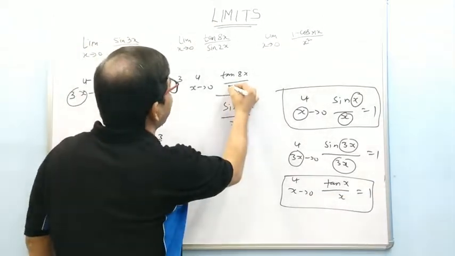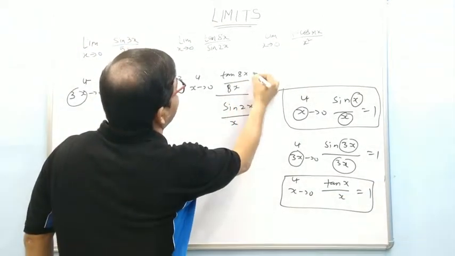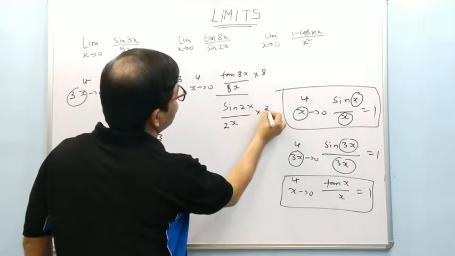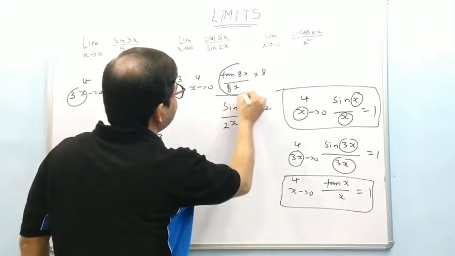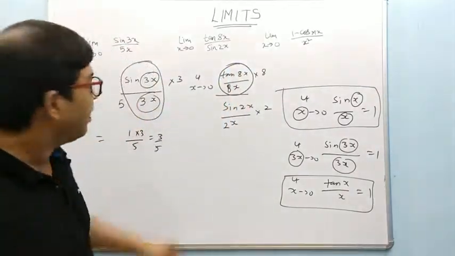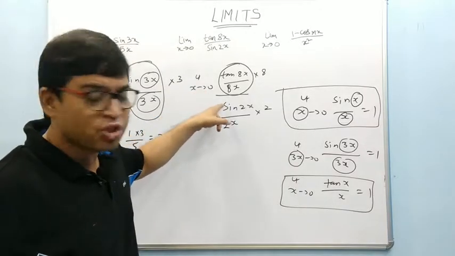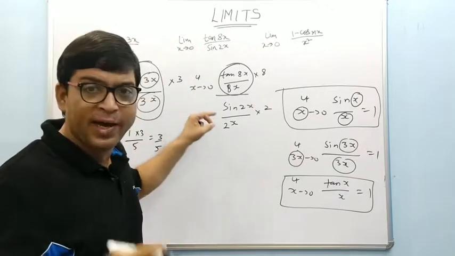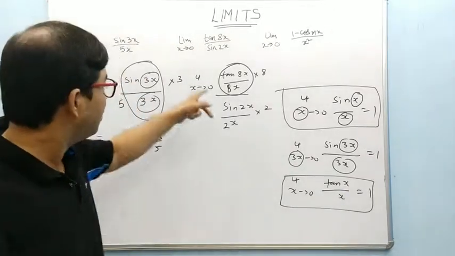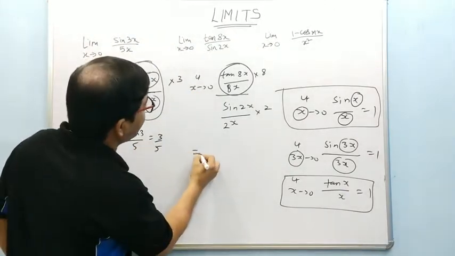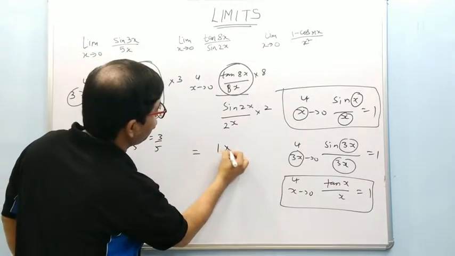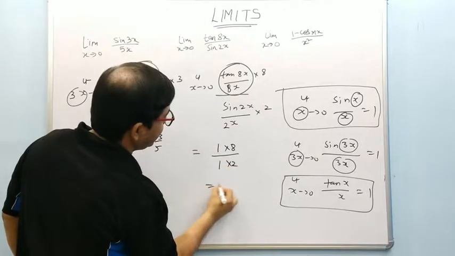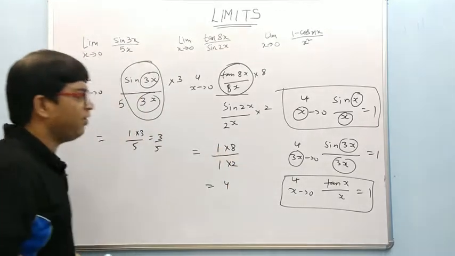Now I supply 8 here and balance it out, 2 here and balance it out. Now you can say this thing is 1. 8x can tend to 0 and 2x can tend to 0, because if I multiply x with anything, it will remain the same. On taking the limit, it is coming out to be 1 into 8 by 1 into 2. That is 4. Answer. See, easily we can find it out.